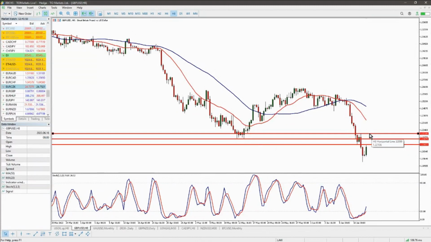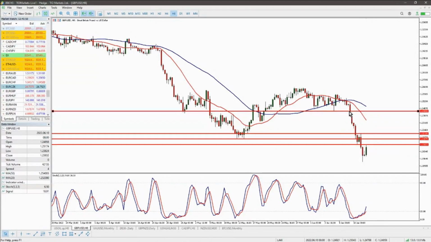The market really has to clear these before it can have a sustained recovery. And then the next level to look at is up there. So a good break above 1.2210 would probably take the market all the way up to the next resistance at 1.2430.